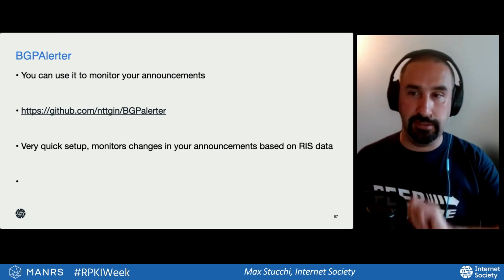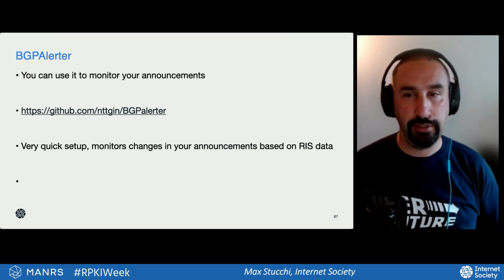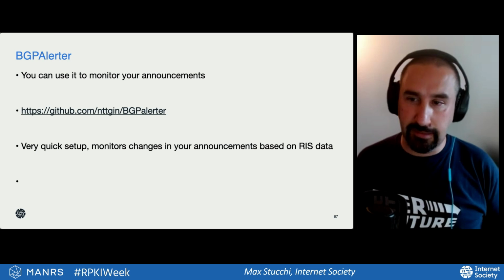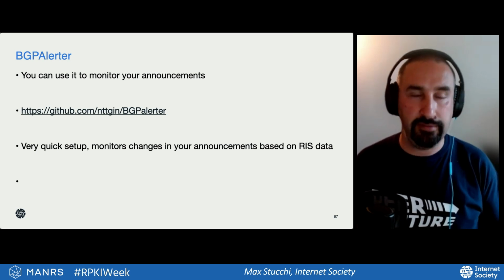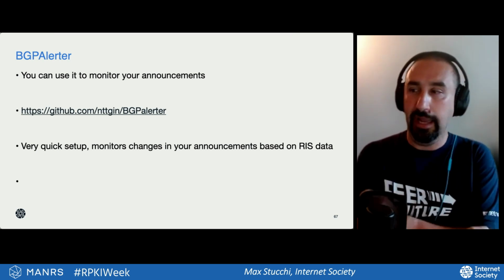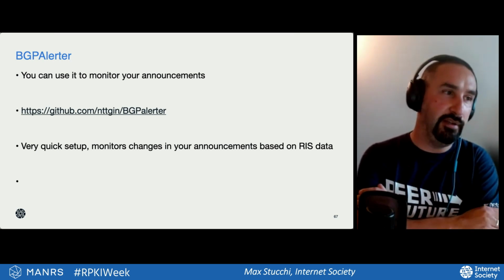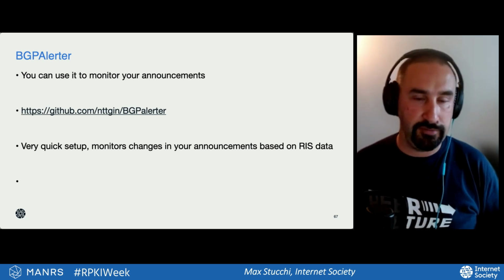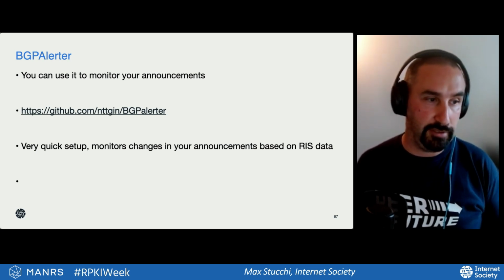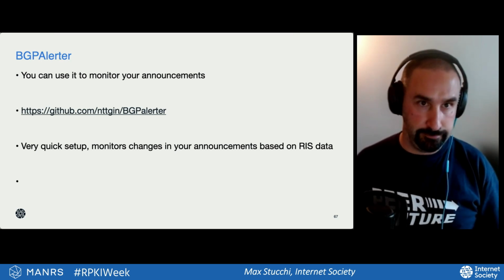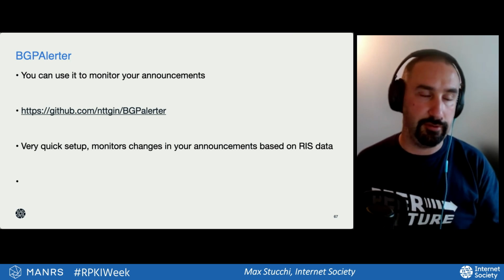And then I mentioned it earlier. When you want to figure out what's happening with your network, you can use BGP Alerter, which is not strictly related to RPKI, but it helps you have an eye on what's happening to your prefixes in a very easy way. It's written in JavaScript, uses Node, but you can just download a release. There's a version for macOS, and a version for Unix, for Linux, and you can just run it from the command line.